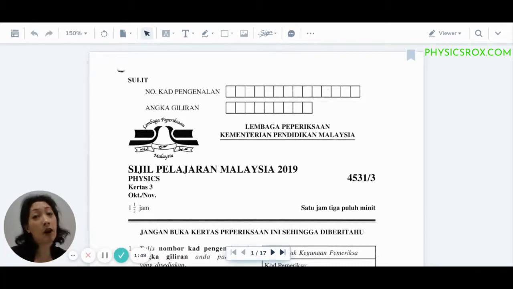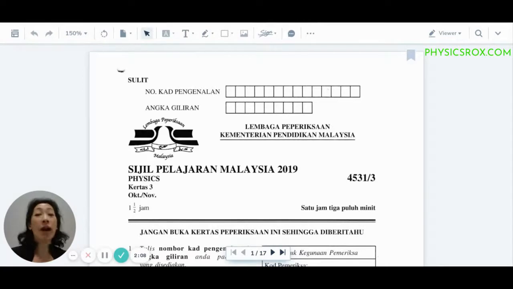The reason I'm focusing on paper 3 for the first video is because a lot of students find paper 3 scary and think that it's difficult. But to be very honest with you, among the 3 papers for physics SPM, paper 1, paper 2, paper 3, paper 3 is actually the easiest to score.